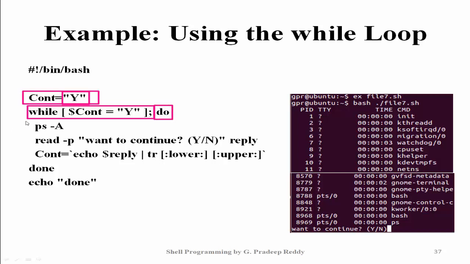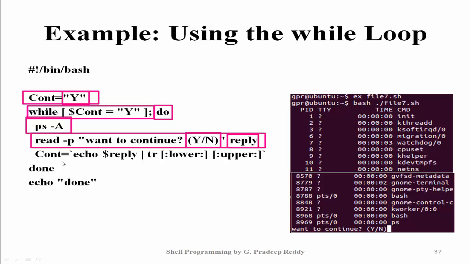Then it is going to show all processes currently running. PS stands for process list, which specifies -a, listing all the processes. Then it is going to read a value from the input. If you want to continue, you have to press either yes or no, which is stored under reply.